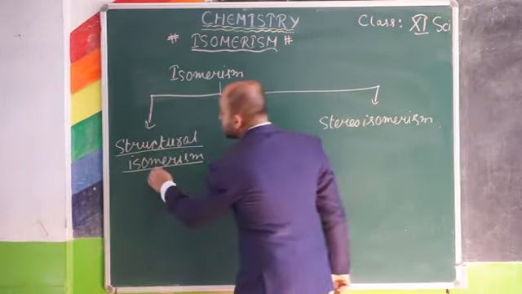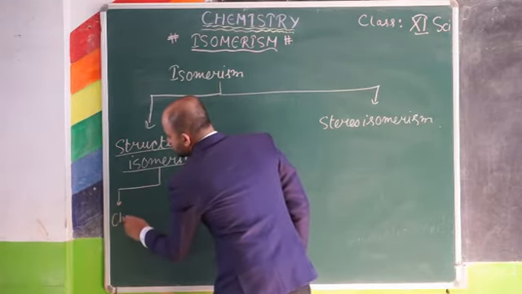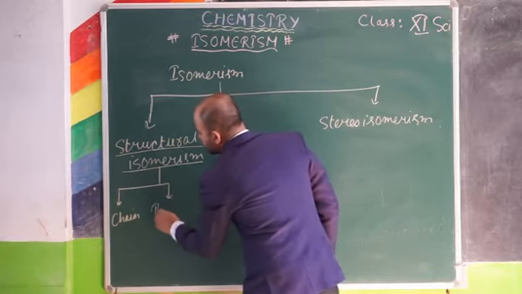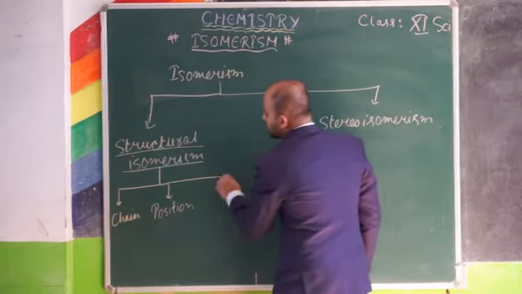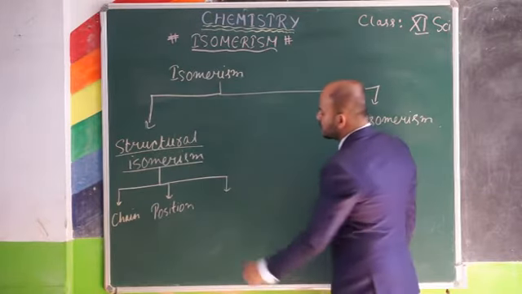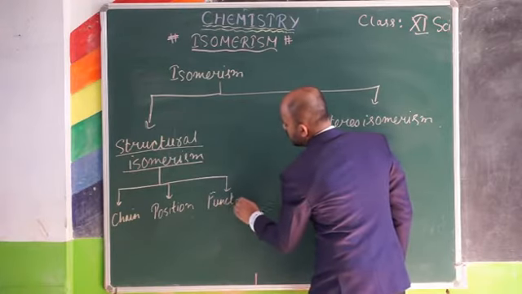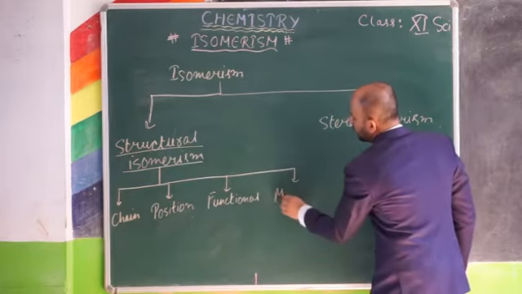Now the first is chain isomerism. The second is position isomerism. The third is functional isomerism. Then comes metamerism.